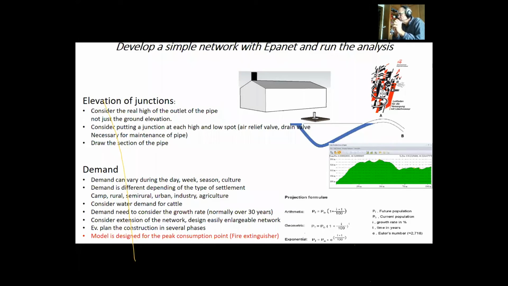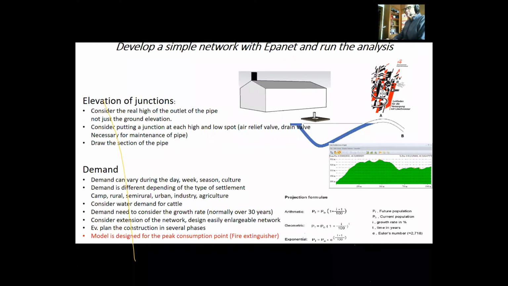It might be 3 meters, 6 meters, even 10 meters. It might be a health center with an elevated tank on the roof. Then you have to give the elevation of the inlet of the tank. So you have to be careful and check physically every junction, every point of water demand, and identify the right elevation. Okay, and then consider the real height.